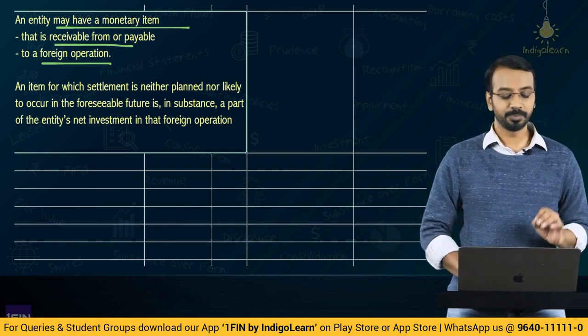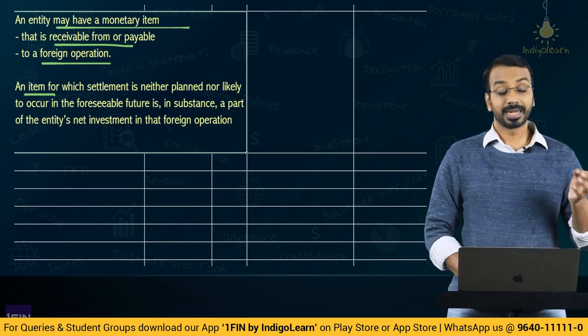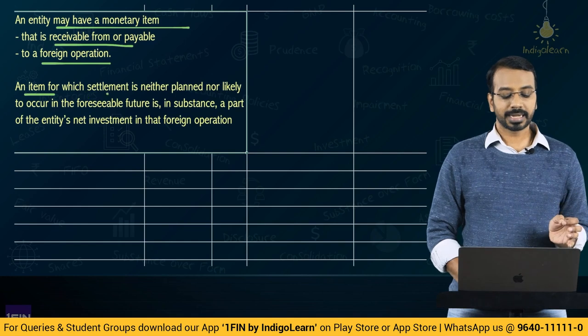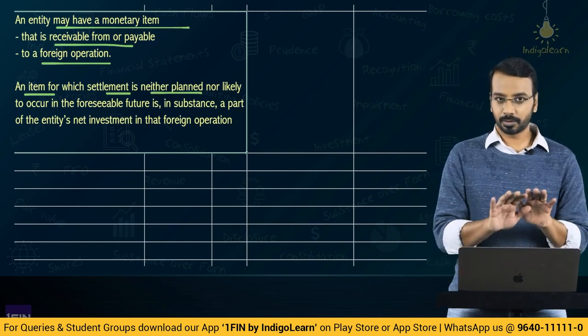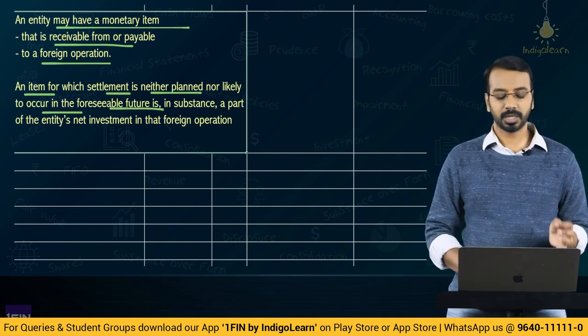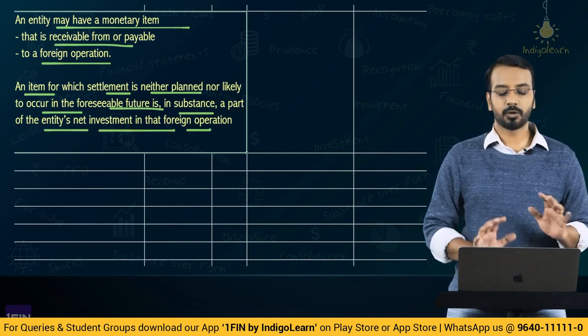Any scenario is possible. What the standard says is, if a monetary item receivable or payable to a foreign operation for which settlement is neither planned, that means you have not planned the settlement, nor likely to occur in the foreseeable future, that is in substance a part of the entity's net investment in that foreign operation.